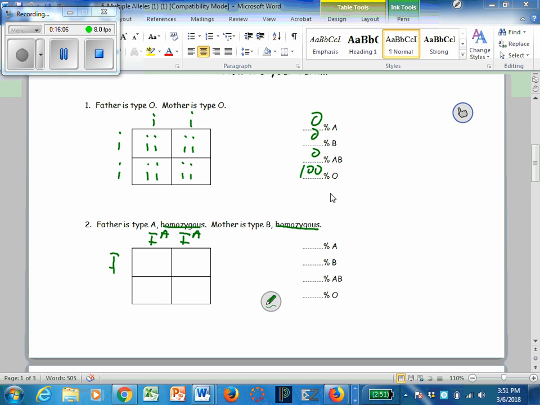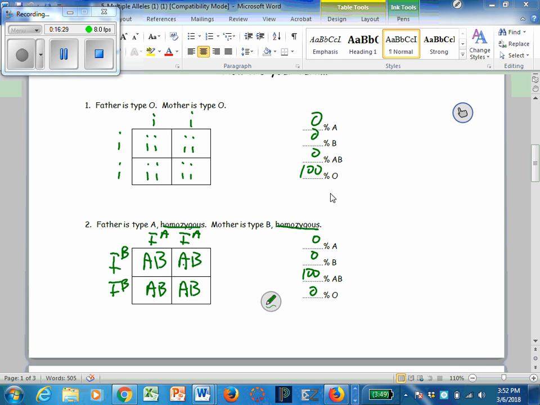So a type B individual is IB, IB, and then in the Punnett square, what you have is AB, AB, AB, and AB. So mother is B, father is A. What you get is 100% chance of an individual being type AB blood.